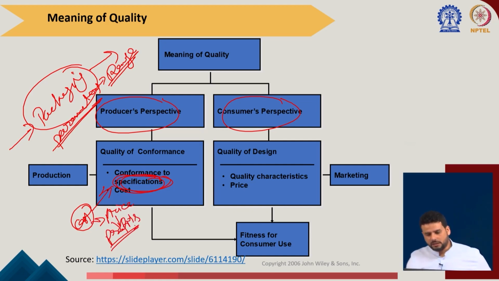Now if we look at the other way, the consumer perspective, to whom you are making the end delivery. They are obviously not worried about the specification, whatever strength you are checking of the box, whatever quality parameter testing you are doing with your final product.